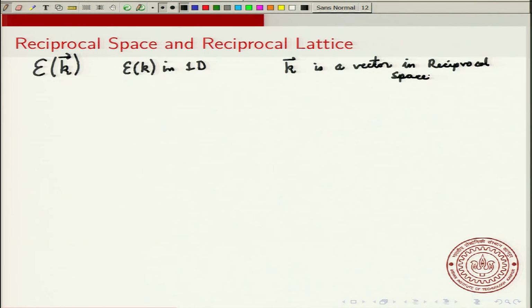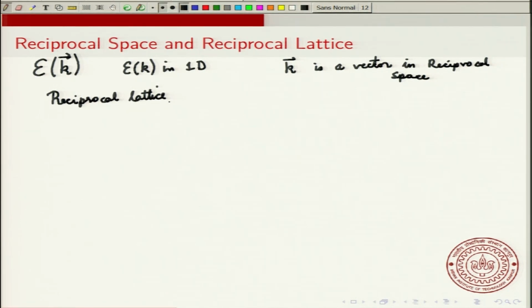Now, the reciprocal lattice is a lattice in reciprocal space, just as the Bravais lattice is a lattice in real space.